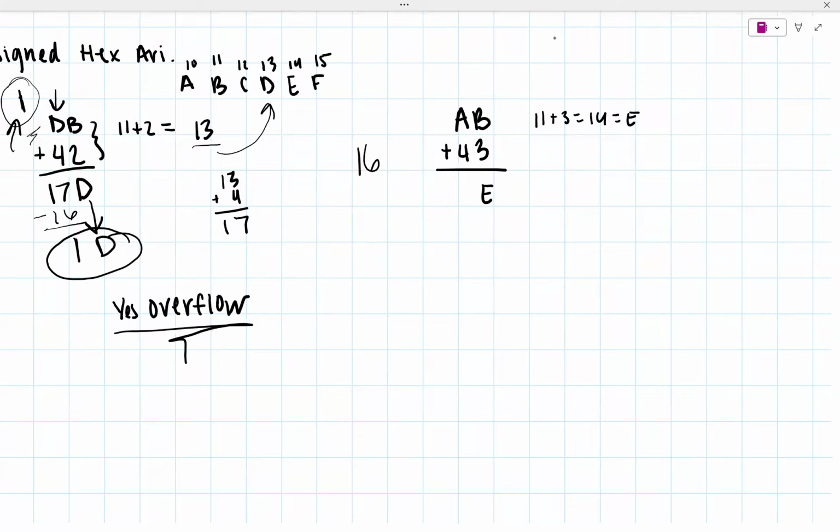The next one, however, remember, A is represented by 10. So this would be 10 plus 4. 10 plus 4 is 14, which we already said is E, and that falls within the range. There are no extra bits over here, so there is no overflow.